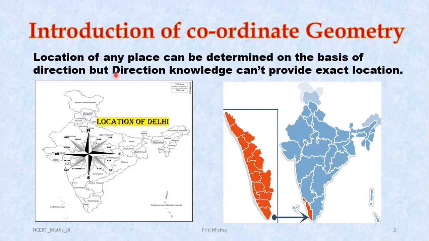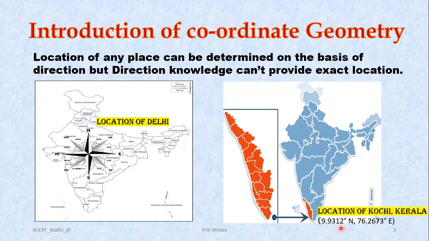The location of any place can be determined on the basis of direction, but direction knowledge can't provide the exact location. The exact location we can find out on the basis of geographical coordinates, which we got to know after the discovery of coordinate geometry. So now I am able to show you the exact location of Kochi in Kerala.